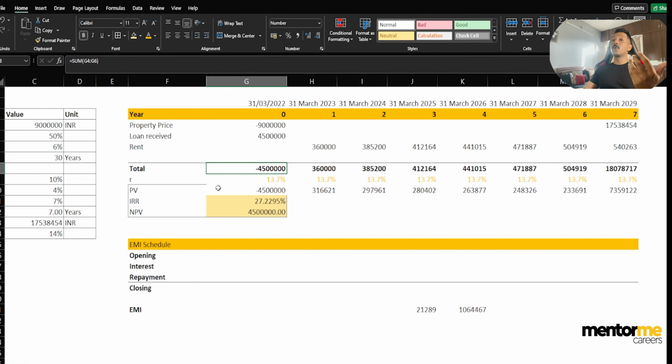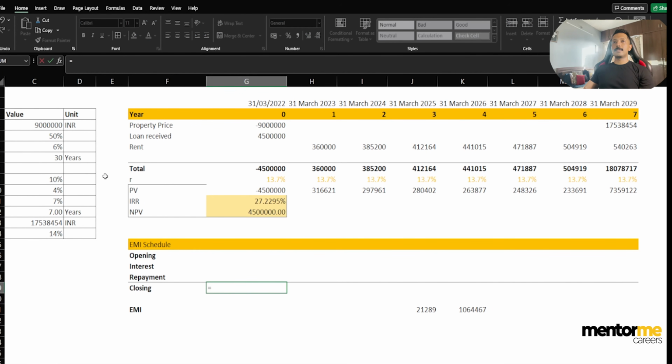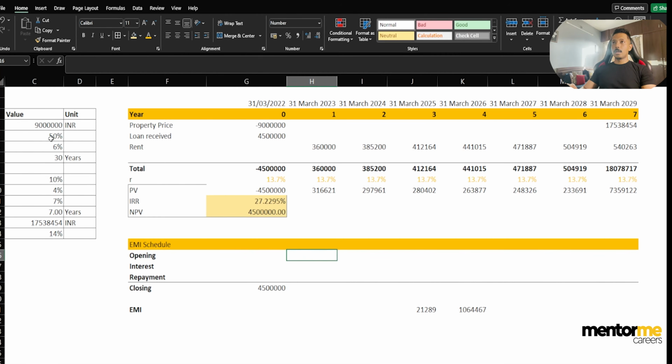But of course, when we are taking a loan, it does not go without EMIs and all the interest that we have to pay. So I've created an EMI schedule here, which you can try to follow and understand. At year 0 end, we've raised 90 lakhs multiplied by 50%. That is the amount of loan available to us. That becomes our opening loan for the next year.